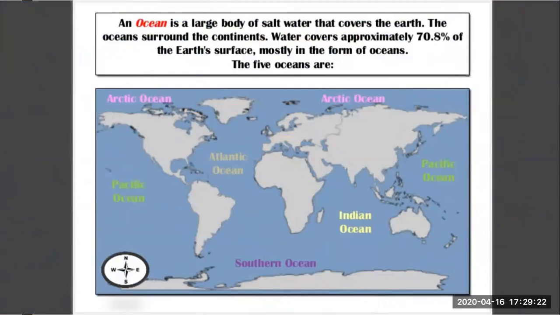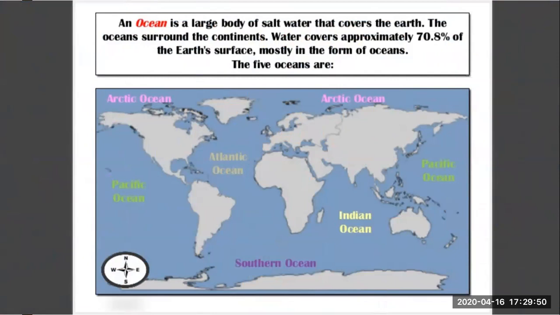An ocean is a large body of salt water that covers the earth. The ocean surrounds the continents. Water covers approximately 70.8% of the earth's surface, mostly in the form of oceans. So, an ocean is a very large body of water that covers the earth. So, earlier you have seen the land is only very small portion on the earth's surface.